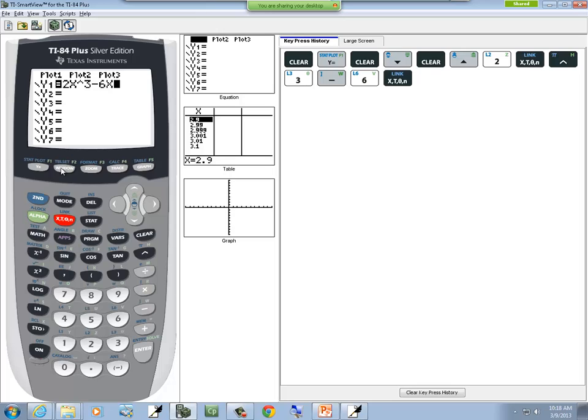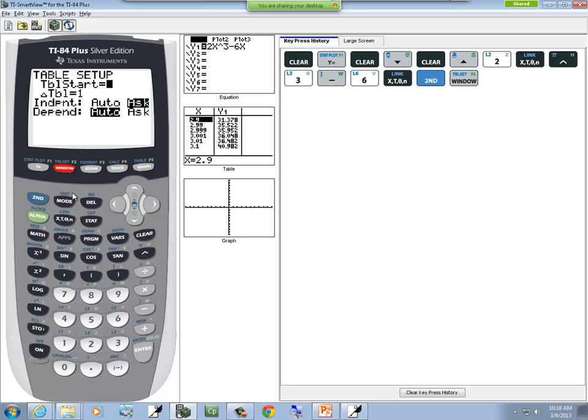Now we'll go to our table settings. So I'm going to do second window. Now, if you followed the earlier lessons, you probably already have this set. But if you don't, you see where it says independent? You want to down arrow to that line, right arrow, put your flashing cursor on the ask, and press enter one time. You want it to say ask. Now you only have to do that one time. It stays that way from here on.